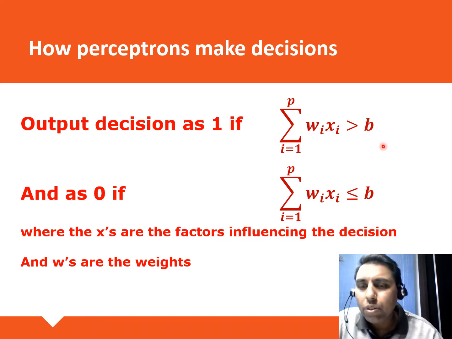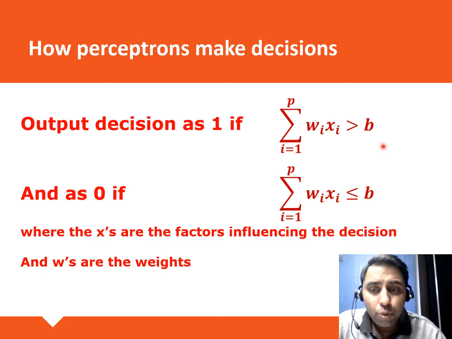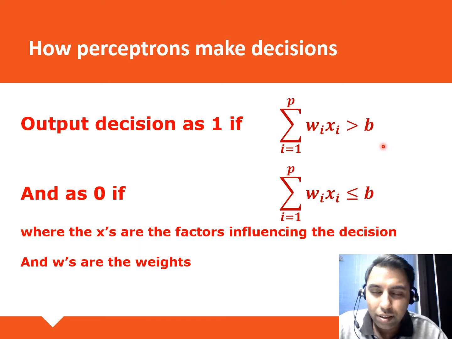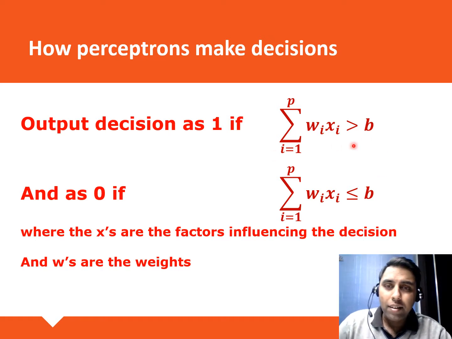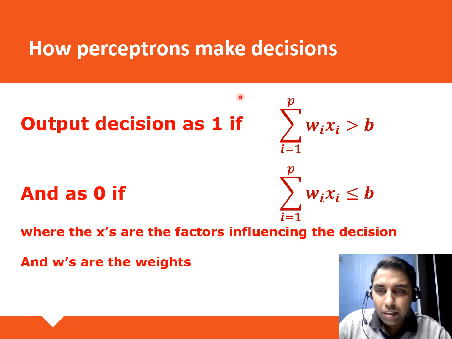I'm not going into those details of the theory because it's not necessary to understand to that extent. But if you are really interested, you can do a search in Google and look at the piece of work done by Rosenblatt, where he proves mathematically that this kind of mathematical form can be very useful in decision making.